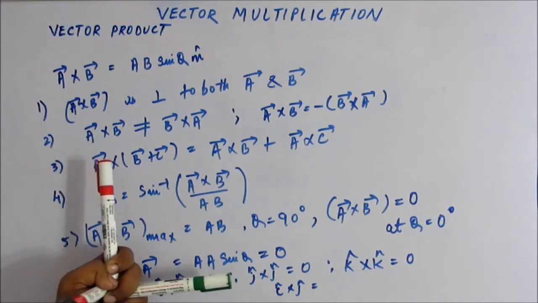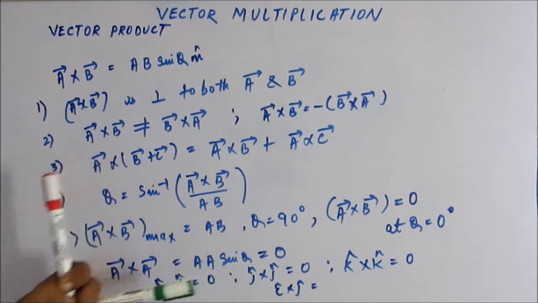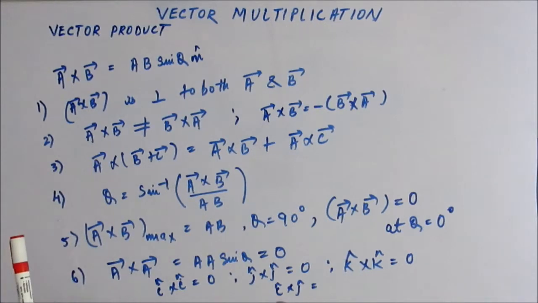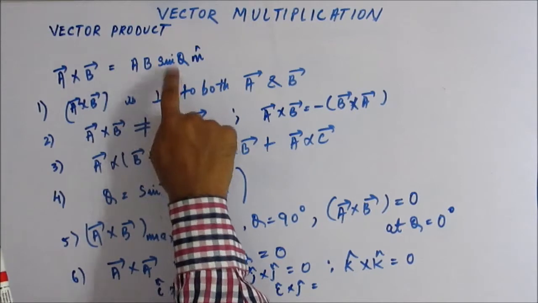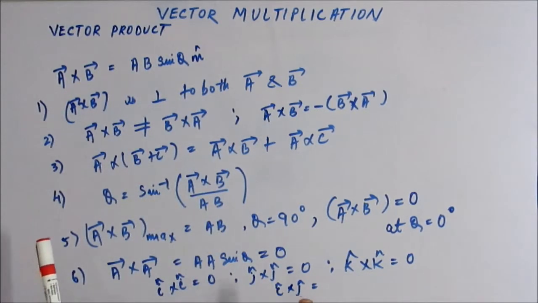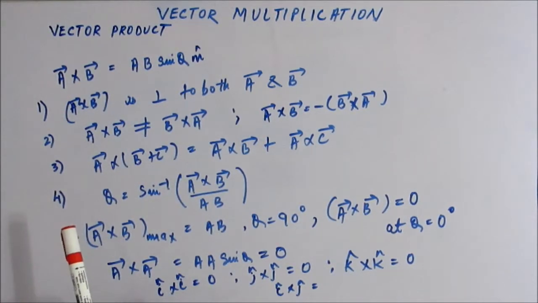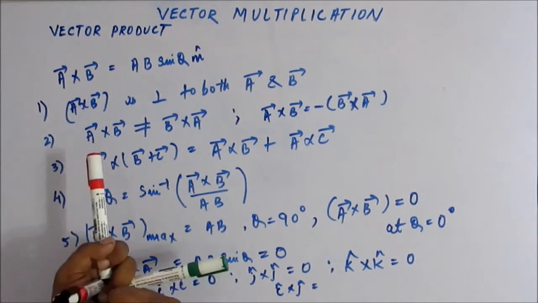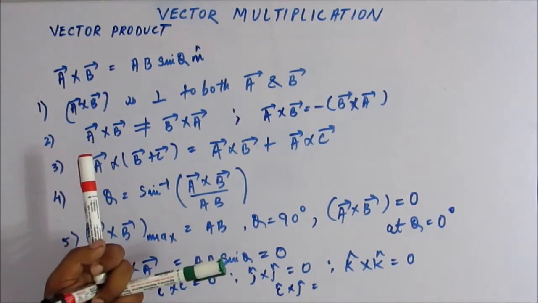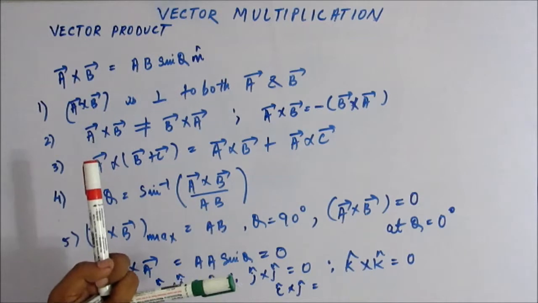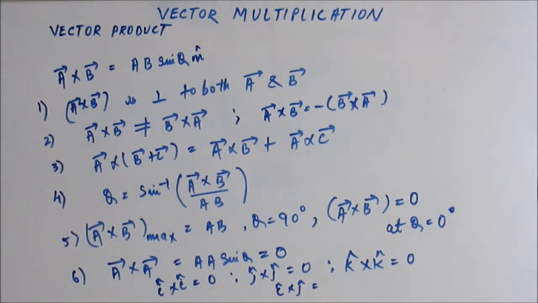So this is the direction of i cross j. And the magnitude will be 1 because magnitude of i is 1, j is 1, and sine theta is 1. So magnitude of this is going to be 1 and direction is upward. So it will be an upward unit vector, which is k cap. The upward unit vector is k cap. So i cross j we will write as k cap.